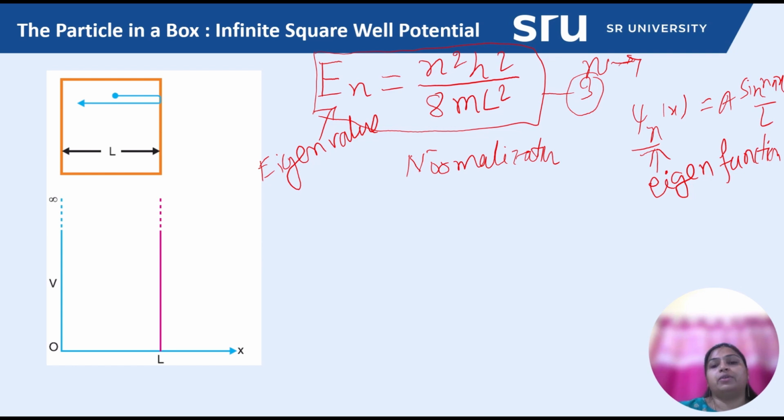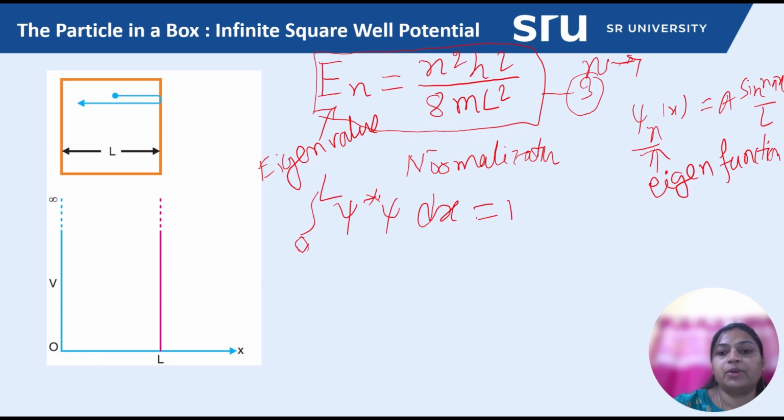So if we want to find the particle wave function, first we can write the integration from 0 to L, because here our length of the box is L, of psi star psi dx. This is our generalized formula, the integral of psi star psi dx is equal to 1. Here we know our psi n is a sine n pi x by L.